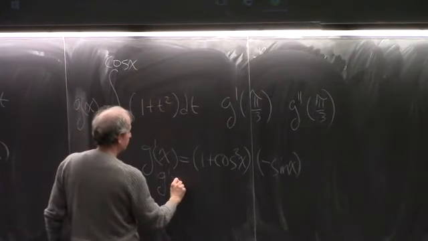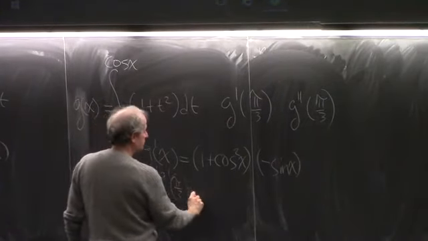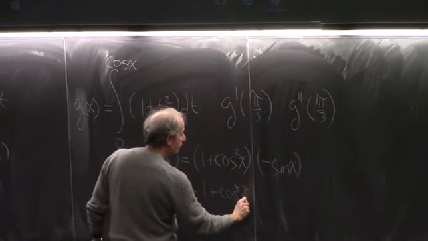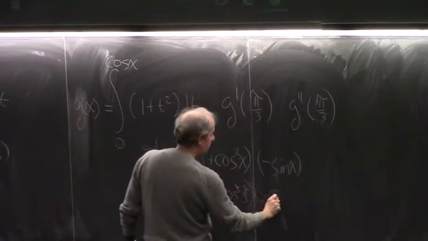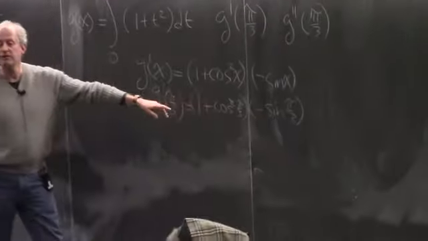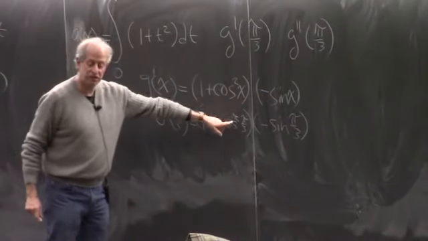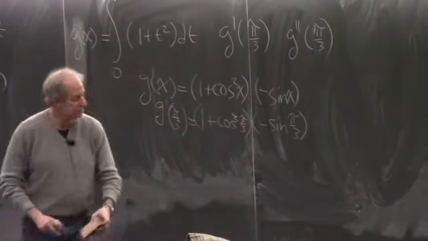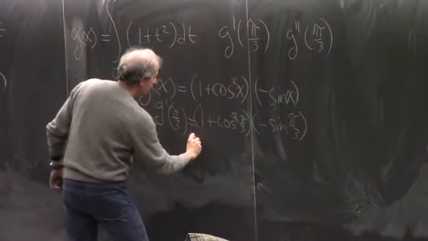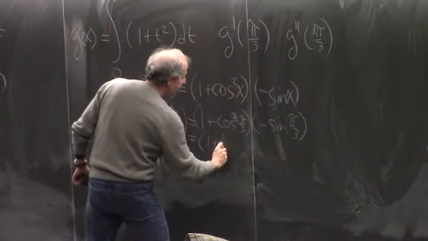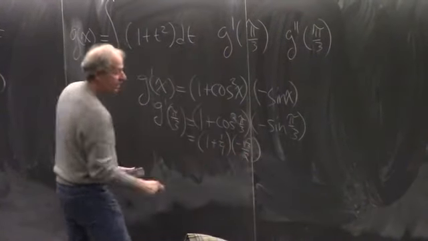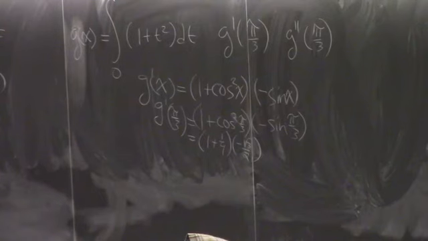It would be 1 plus cosine squared of pi over 3 times minus sine of pi over 3. Cosine of pi over 3 is a half, so cosine squared would be a quarter. So this would be 1 plus 1/4 times minus radical 3 over 2. And I'm not interested in what that is.